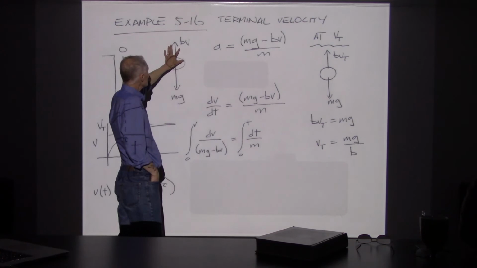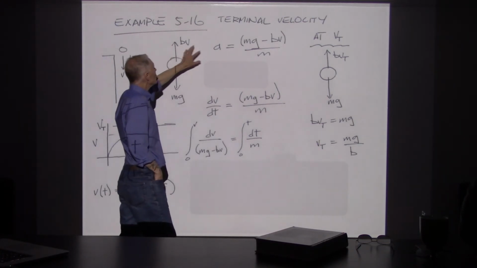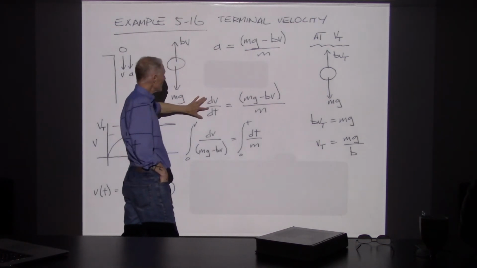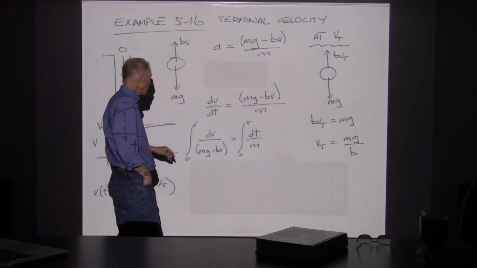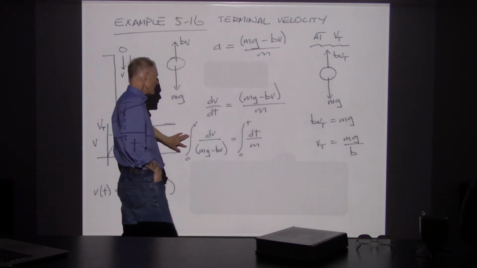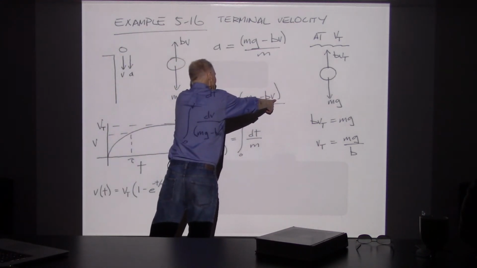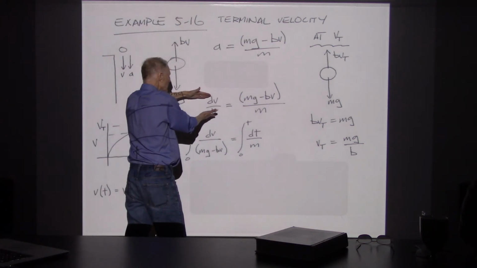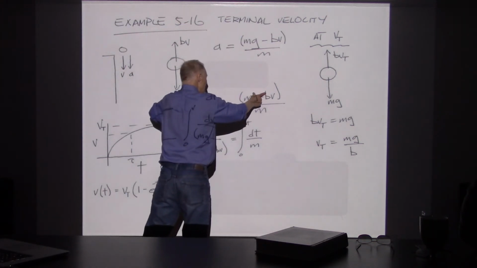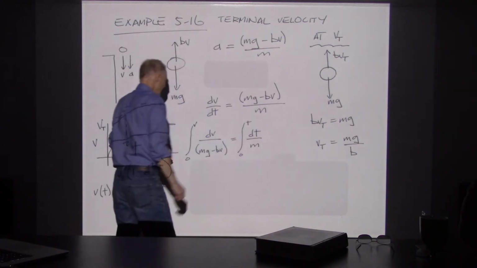So with this simple type of resistive force, we can take out the a and replace it with dv/dt, and then just leave everything here. What I've done here is take the mg minus bv, bring it to this side. So I brought all the v's to this side, and then I took the dt over to the other side, and then I integrated.